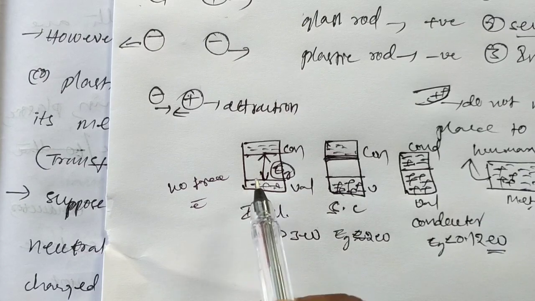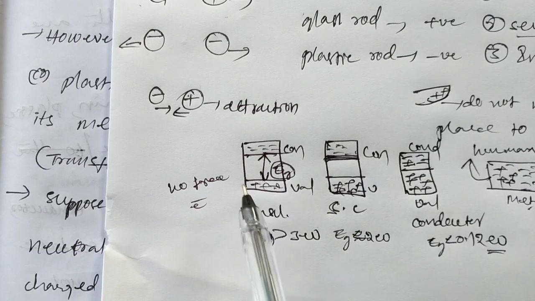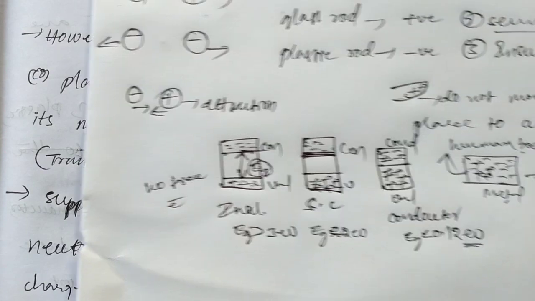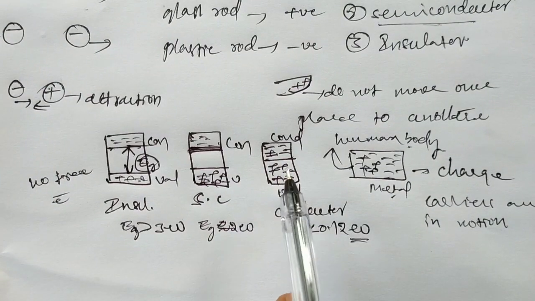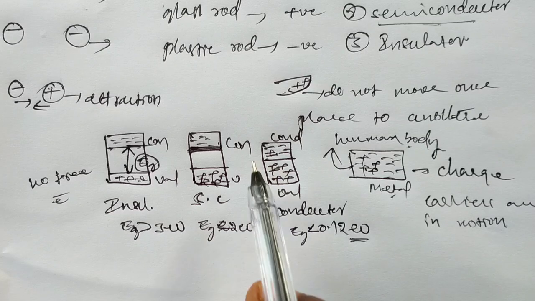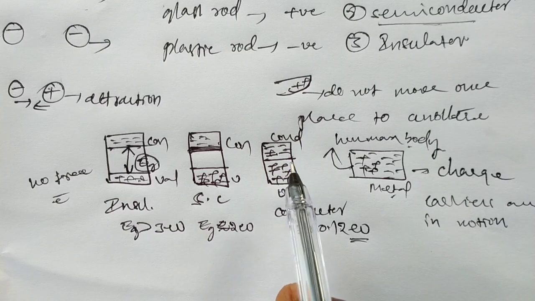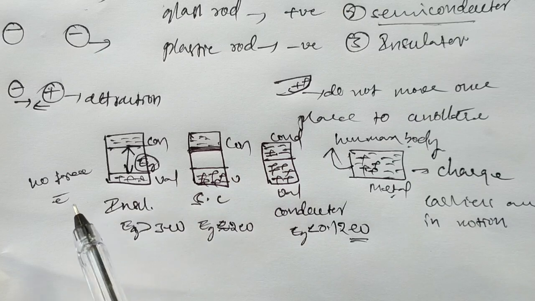That's why no transmission occurs in an insulator. In the case of conductors, the more free electrons there are, the more conductivity or transmission we get, compared to insulators.